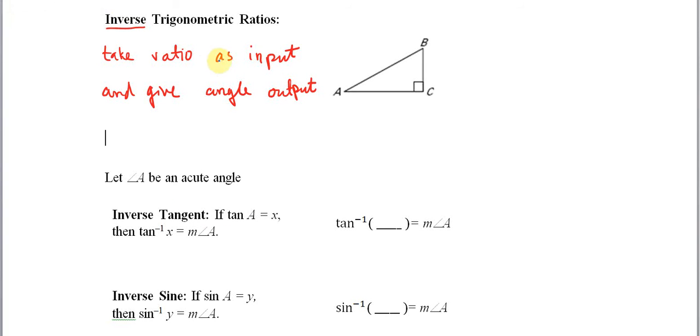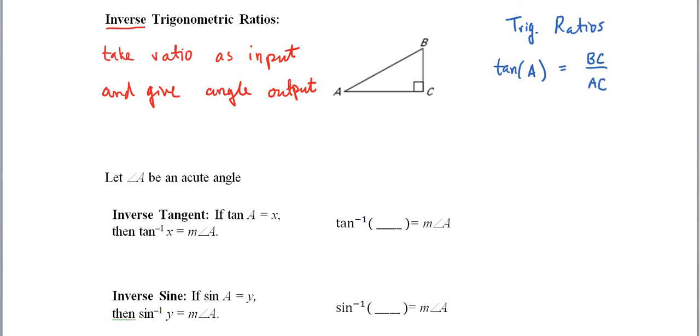Well, to really talk about inverse trig, let's compare it to just regular, quote-unquote, trig ratios. So, for example, in this picture here, if I do something like the tangent of A, you can tell me that the tangent of A in this case would be the opposite leg, that's BC, divided by the adjacent leg, that's AC.